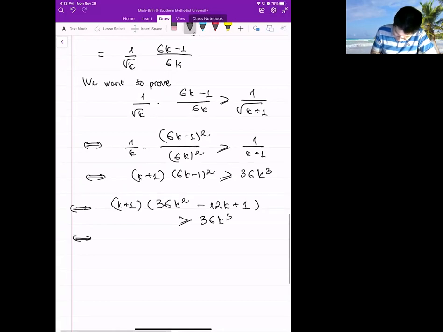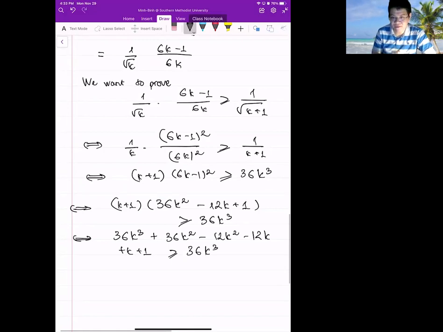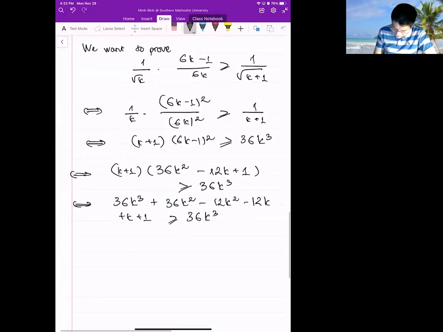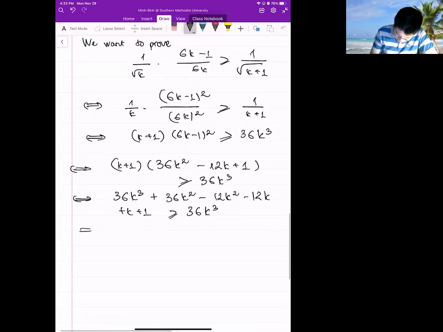This is then equivalent to 36k cubed plus 36k squared minus 12k squared minus 12k plus k plus 1 is bigger than 36k cubed. So we simplify everything, and this is equivalent to 24k squared minus 11k plus 1 is bigger than or equal to 0.